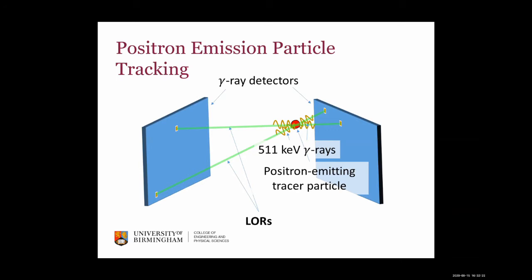Those 2 lines together let us know where the particle was at that certain time. Those lines are called lines of response, LOR. By those lines, we can figure out where the particle location is, and at what time the particle is there.